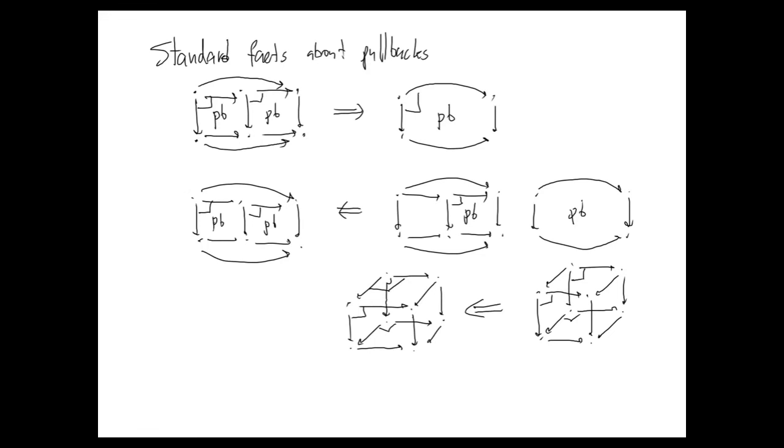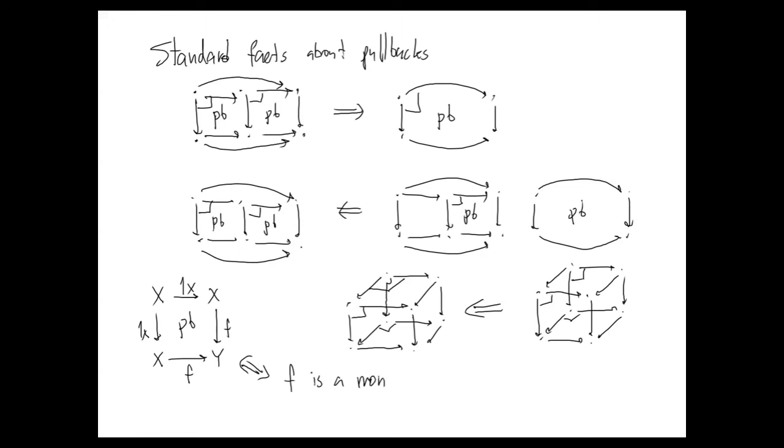Another important fact is that if I have an arrow F, and it turns out that putting identity maps here, we get a pullback, this is equivalent to F being a monomorphism.